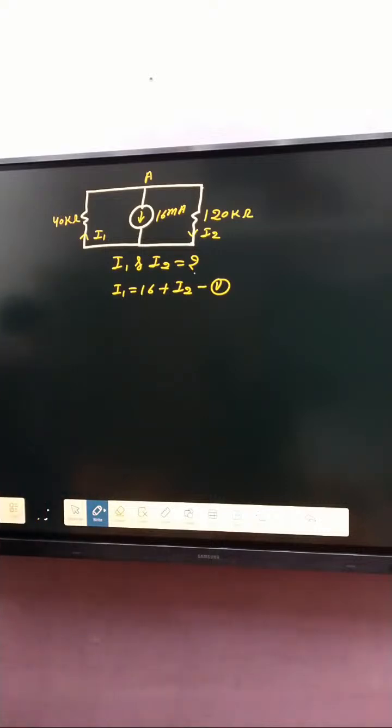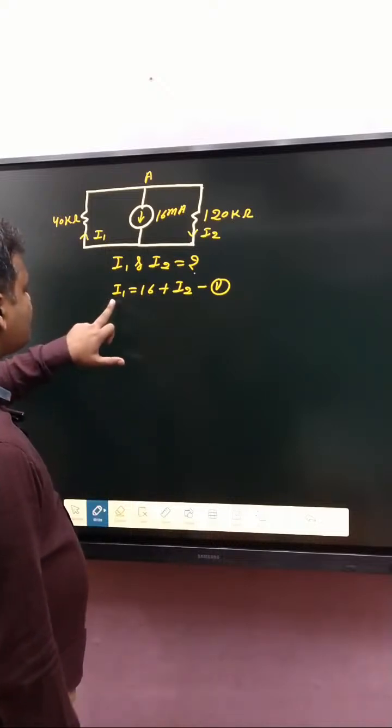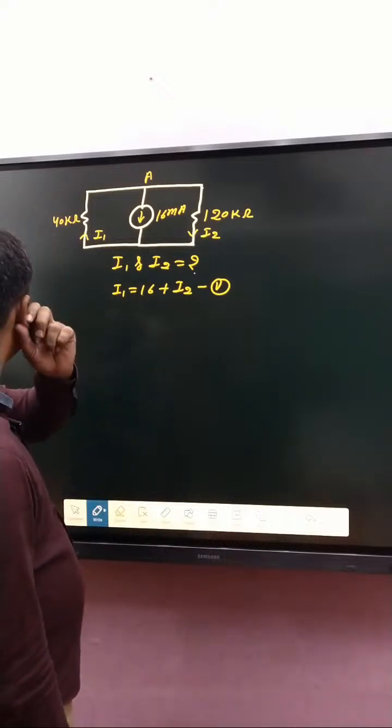Our motto is to determine I1 and I2. Here I1 and I2 are the two unknowns, so we need another equation. If there are 2 unknowns, we need at least 2 equations. So consider I1 is equal to 16 plus I2.